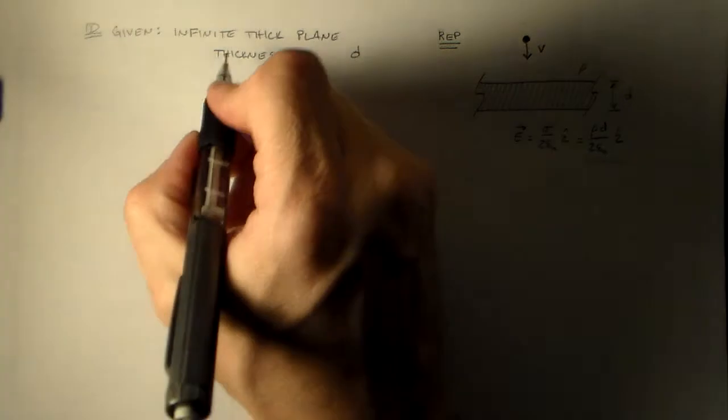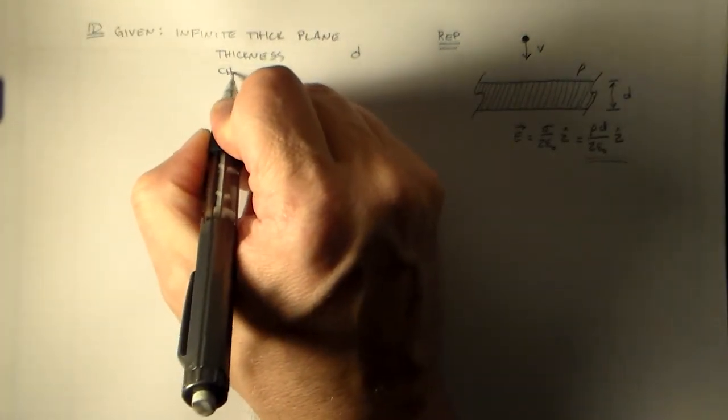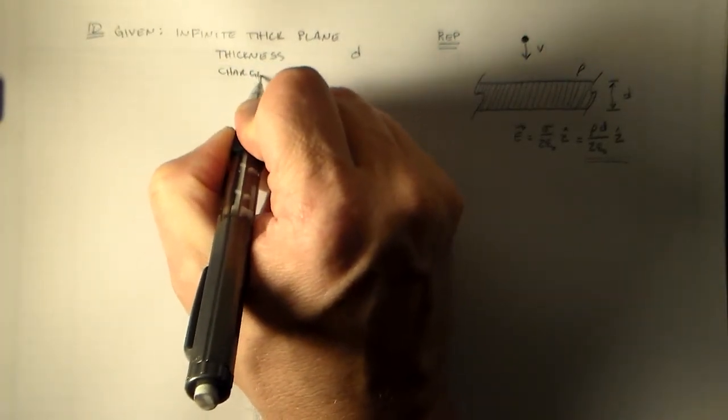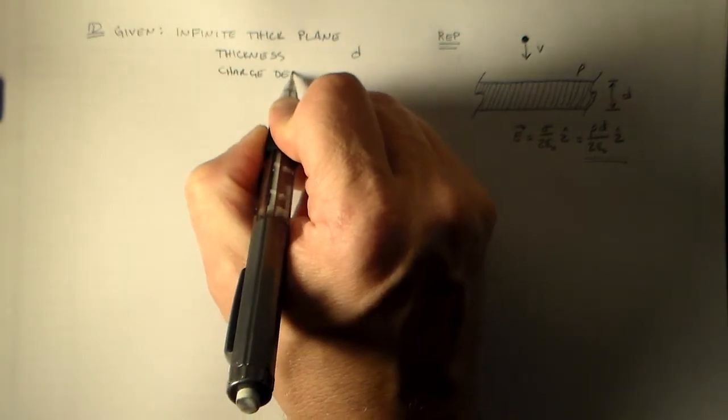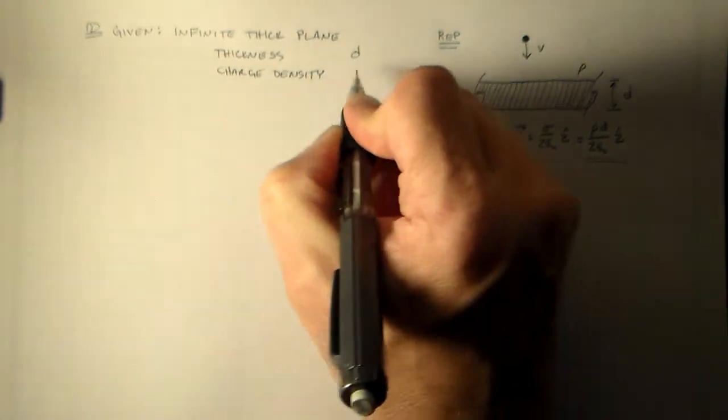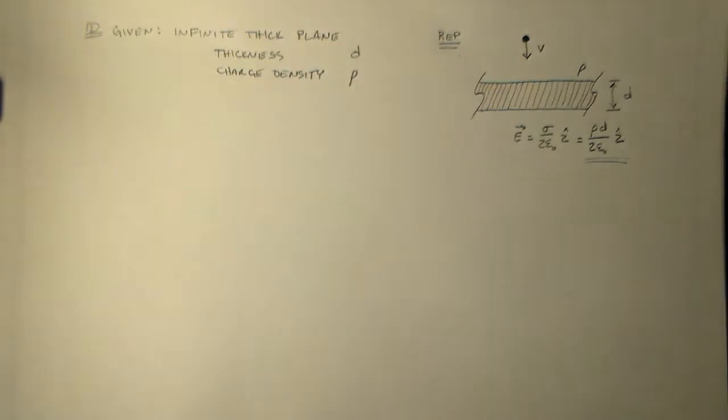And it's charged, so it has a charge density. And it's a volume charge density, so we usually use rho for that. Obviously, we can use any other letter we want, but we usually use rho, so we'll keep on going with that.